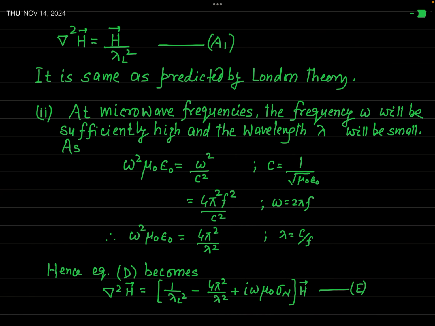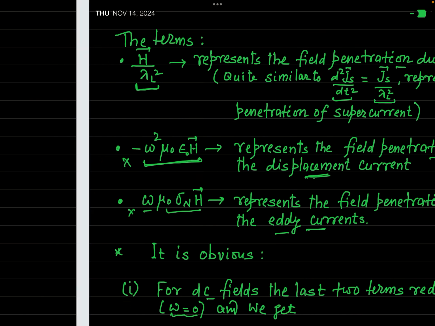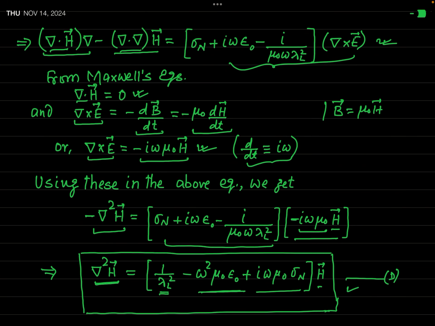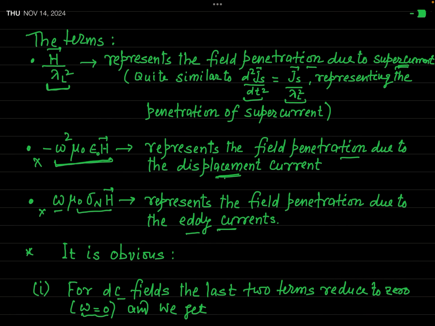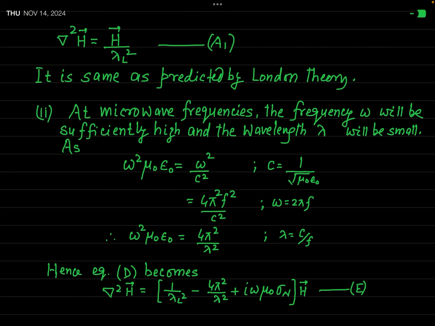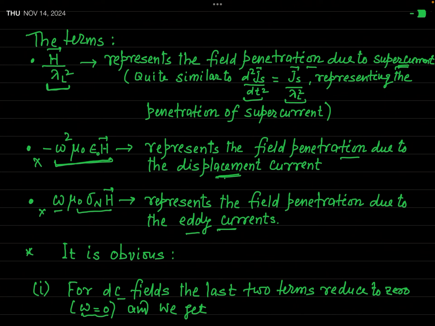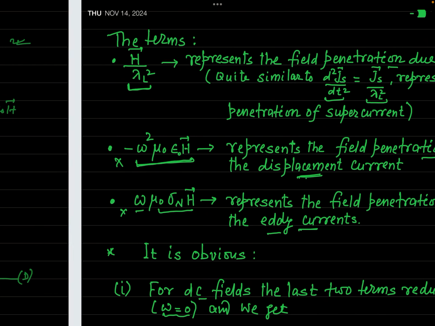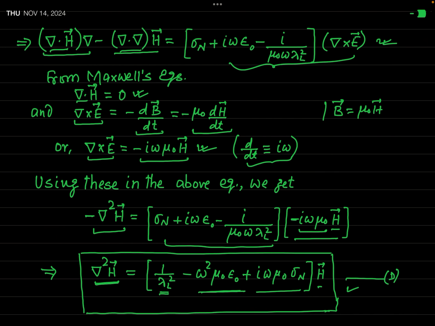Okay, so in this condition, this equation which you have obtained here now becomes: del square H equal to H over lambda L square. Just as you can see, this will be 0, this will be 0 in case of DC field.